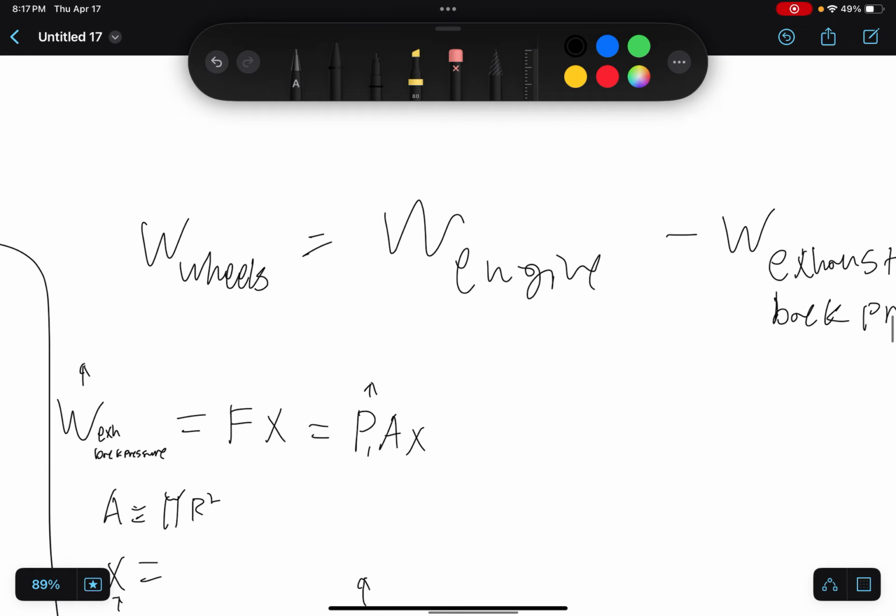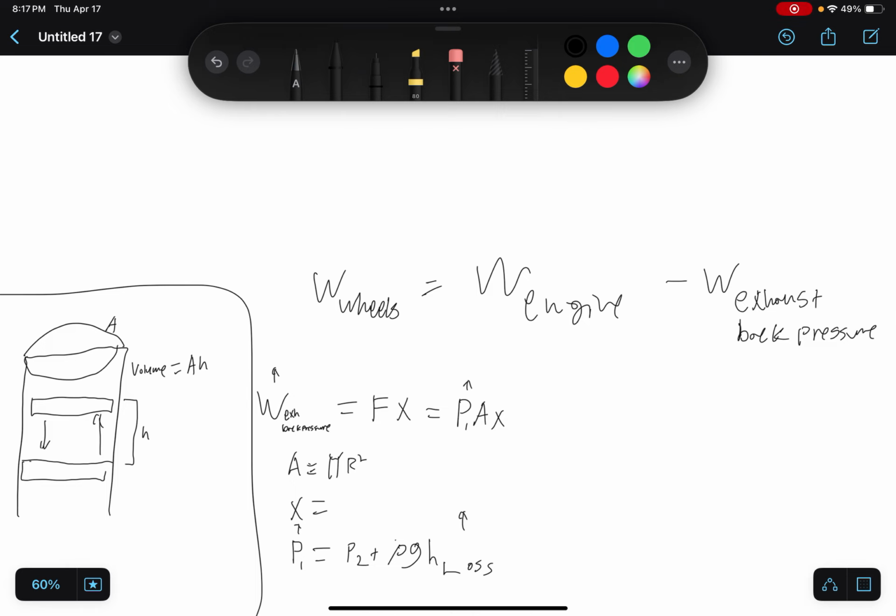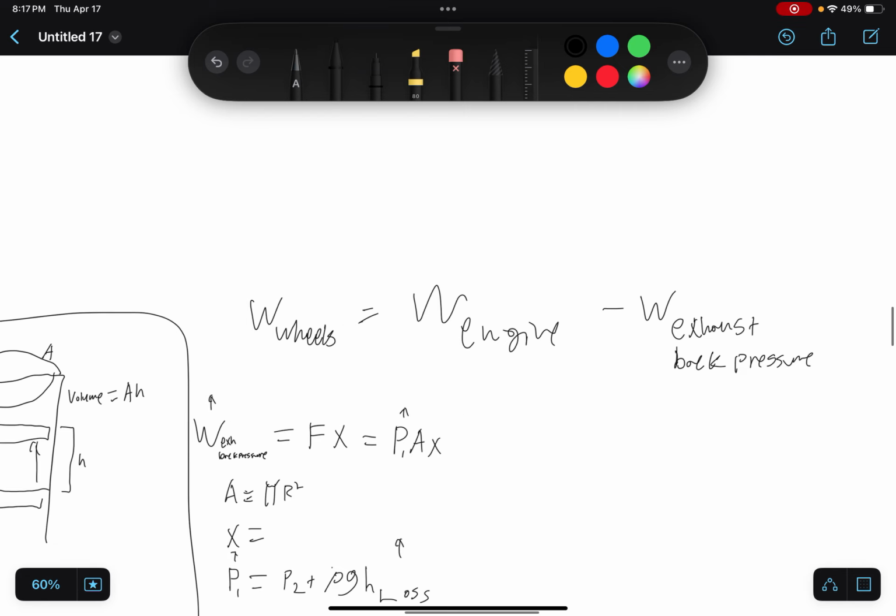And if more of your car's energy is spent pushing exhaust gas out of the exhaust, less of it is spent on spinning the wheels. So there you go. You want to spend the least amount of energy pushing exhaust out of the exhaust.